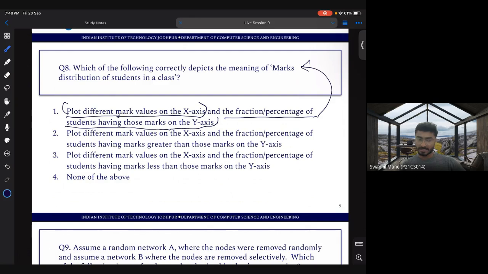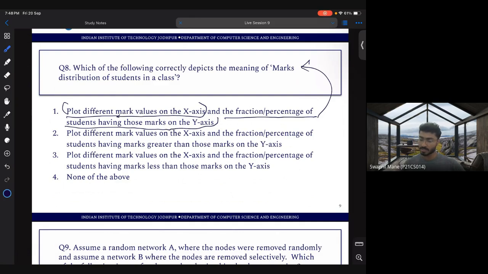Let's see the next option. Second option: plot different marks values on the x-axis, that is fine, and the percentage of the students having marks greater than those marks.